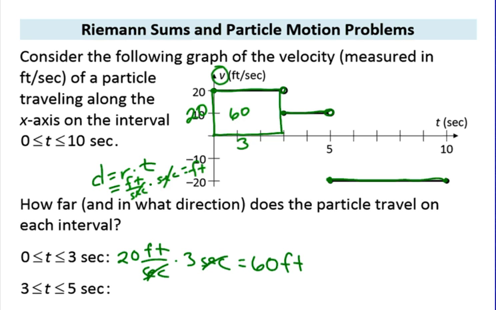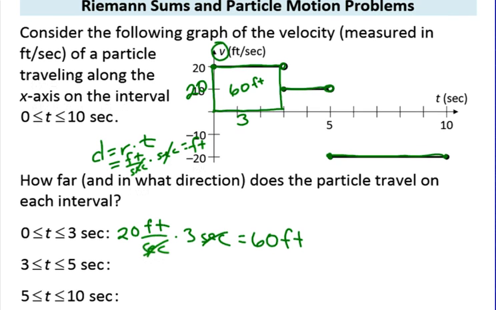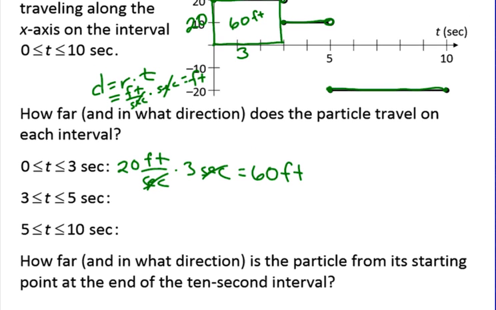So graphically, that is represented by the area between the curve and the x-axis. So we have 20 by 3, which is 60 feet. That's the connection that we're making today. So for the first 3 seconds, this particle has moved along the x-axis for 60 feet.